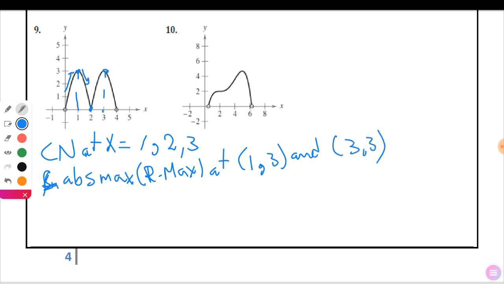I have a maximum at this ordered pair. But at 2, we have an absolute minimum or relative minimum.